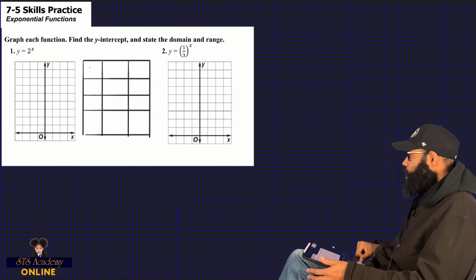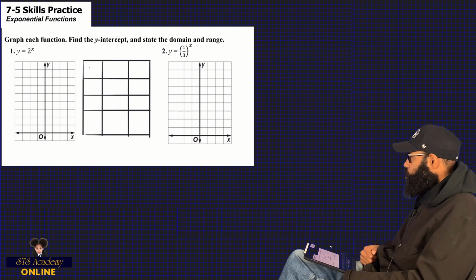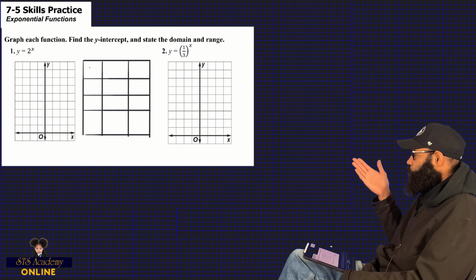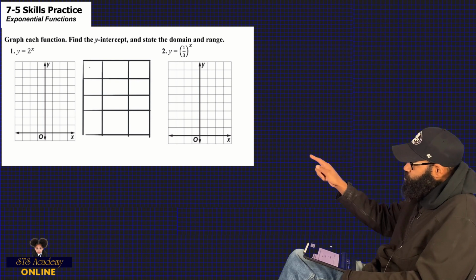First thing I want to point out is you see that I have an x, y table. Inside of the x, y table, right between it, I'm going to go ahead and put the exponential function that I'll be solving. So it's a plug-in situation, so I can plug in any value for x. You plug in 0, 1, 2, 3, 4, but please be careful, make sure you look at your graph.